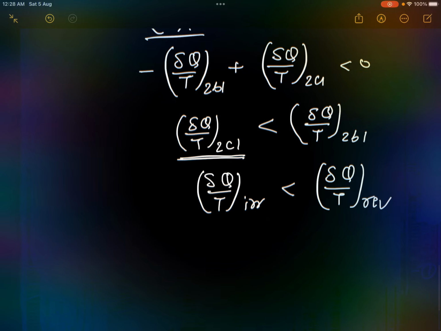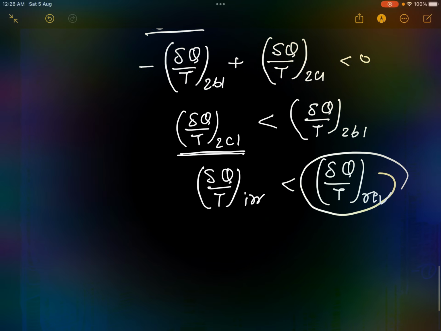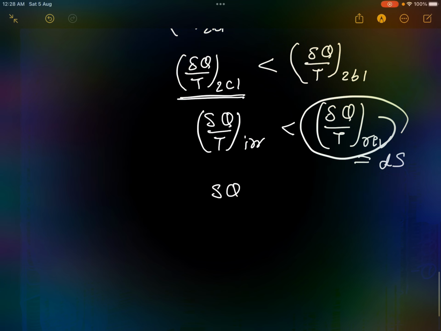And we have seen that for the reversible case, this value is equal to the change of entropy. So we can say that del Q upon T for the irreversible case is less than the change of entropy.